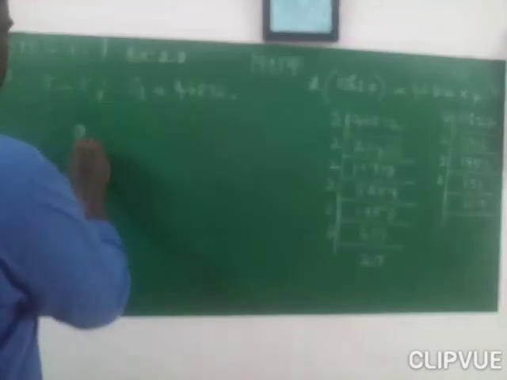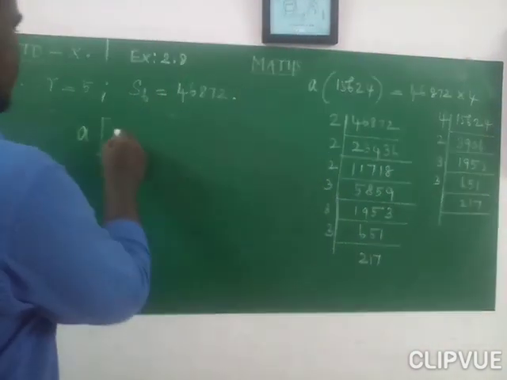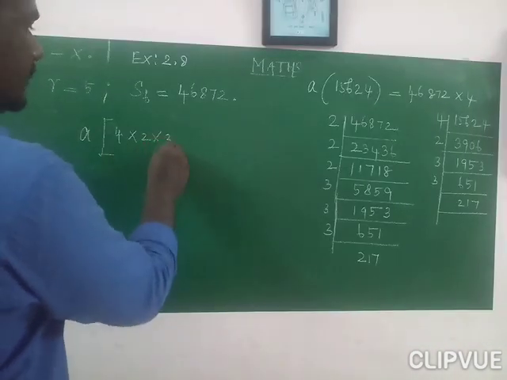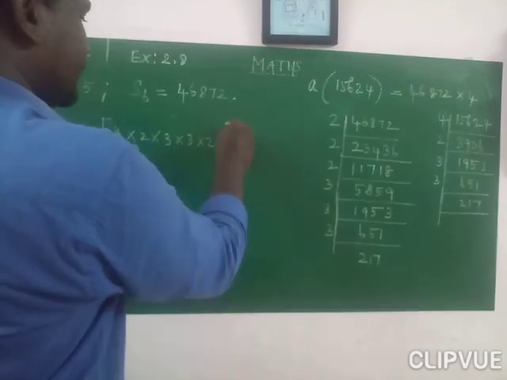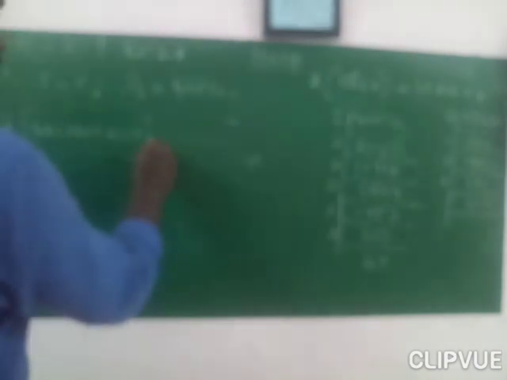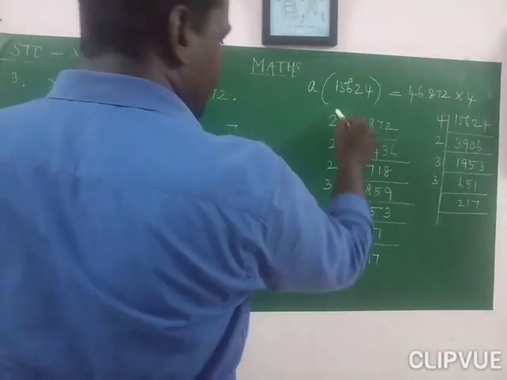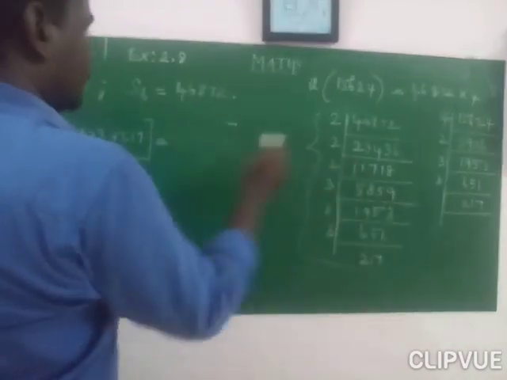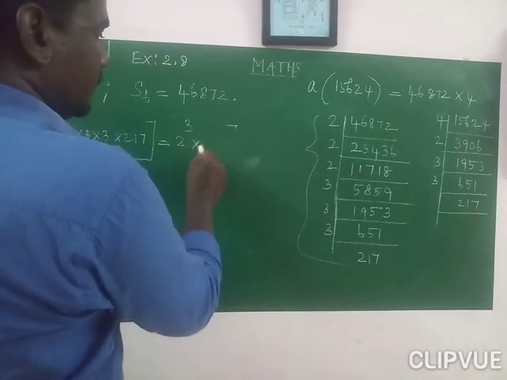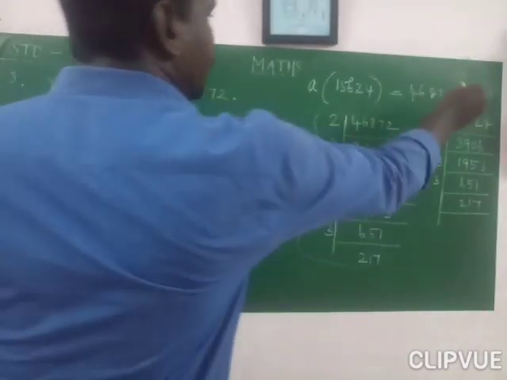Instead of this 15,624, I am going to write its prime factors: 4 into 2 into 3 into 3 into 217. So a times 4 into 2 into 3 into 3 into 217 is equal to, instead of this 5-digit number, I am going to write these prime factors: 2 cube into 3 cube into 217 into this 4.